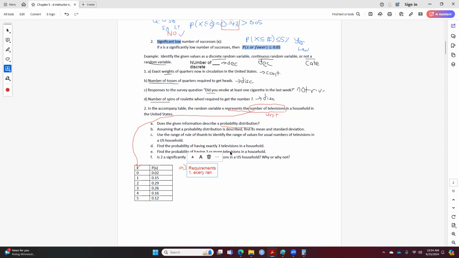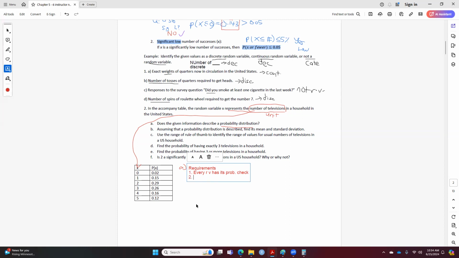Every random variable, I'll just use the abbreviation RV, has its probability. Okay. This one is checked because if you look at this probability distribution, every X has a P(X). You look at all the P(X) next to it. So that is checked.